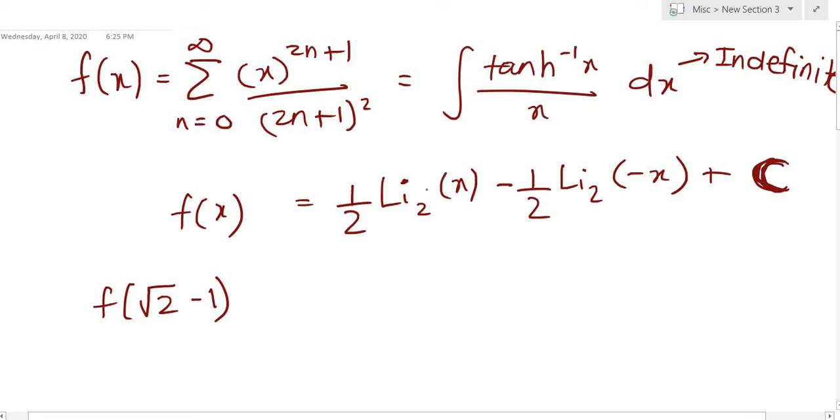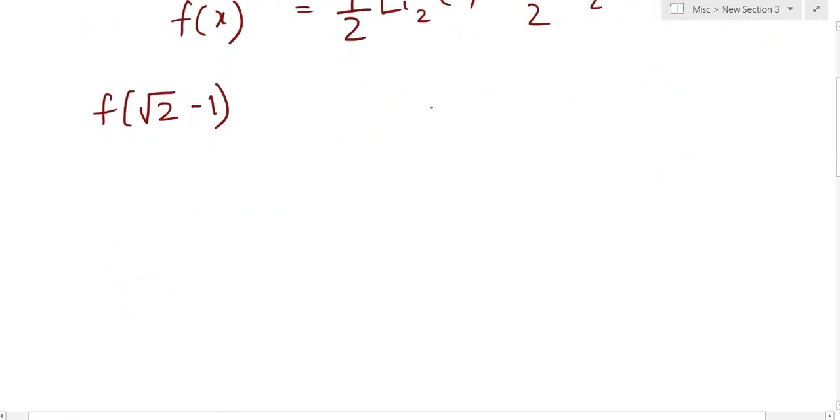And the dilogarithm of 0 is 0, and the dilogarithm of 0 again is 0. So 0 will equal 0 minus 0 plus c, so c will be 0. Let me just show that, probably give you more mathematical insights into why the dilogarithm is 0.